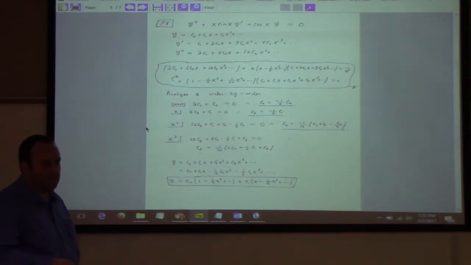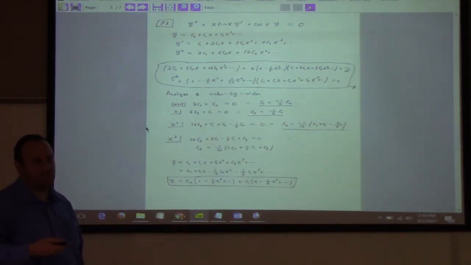Otherwise, it's not incorrect, but it's just not done. Generically speaking, we should only have 2 arbitrary constants in the solution. Now, if you wanted to be weird, I could put everything in terms of C2, like I could even put C naught in terms of C2. So I could use C2 as my coefficient, but it would be weird.